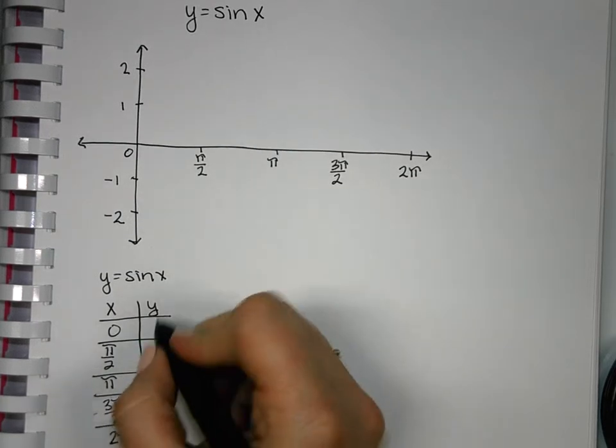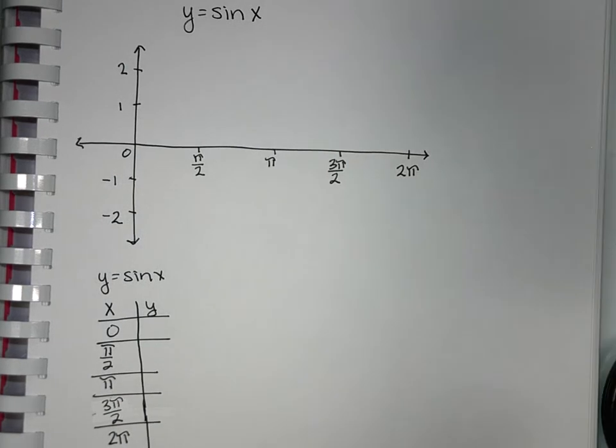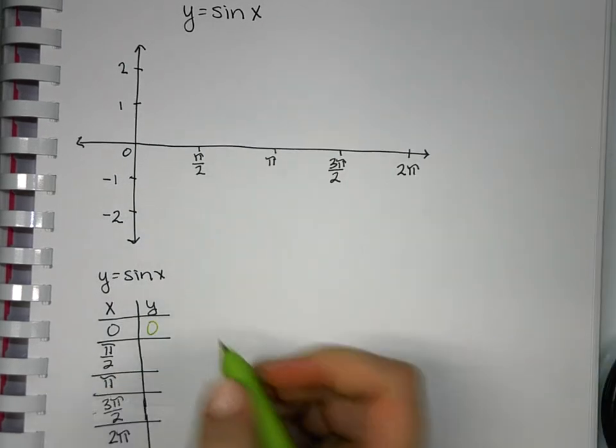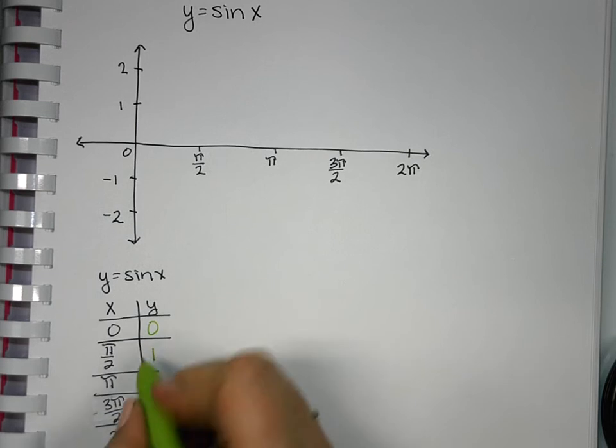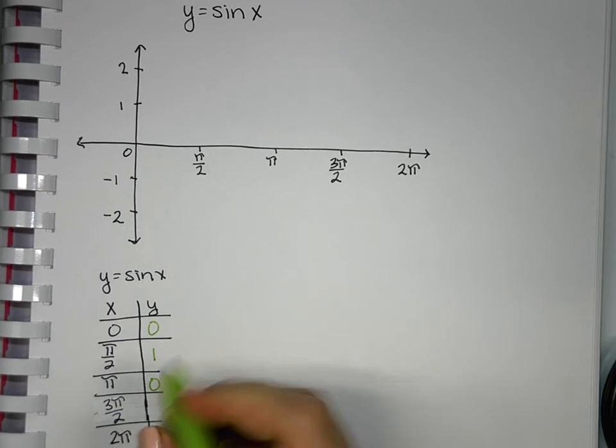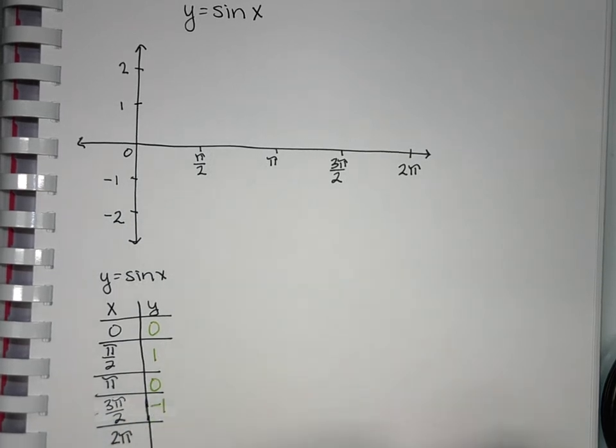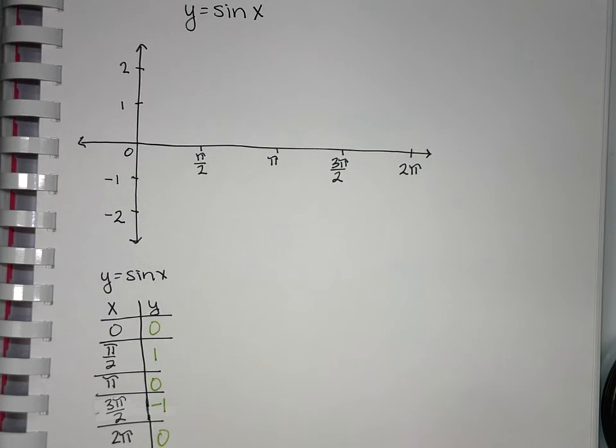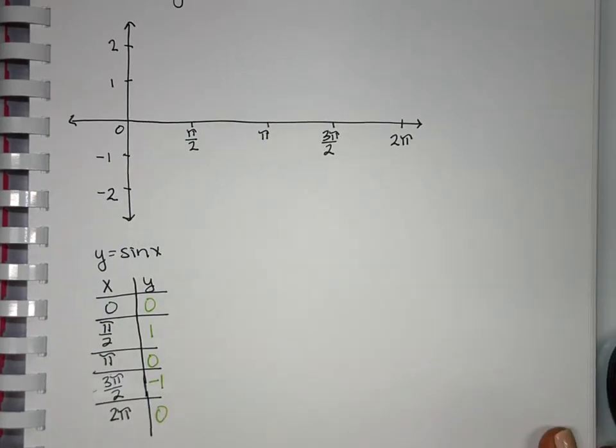So sine of 0 is 0. Sine of pi over 2 is 1. Sine of pi is 0. Sine of 3 pi over 2 is negative 1. And 2 pi, we're back at 0. So what I'm going to do is graph those key points on my chart.